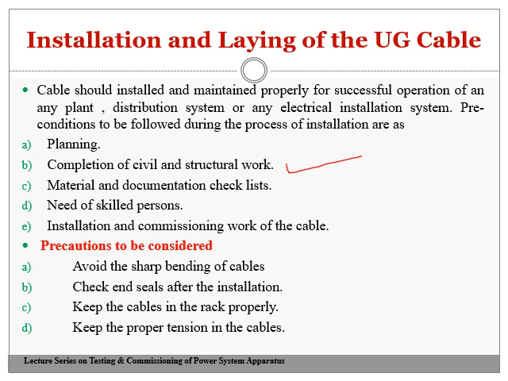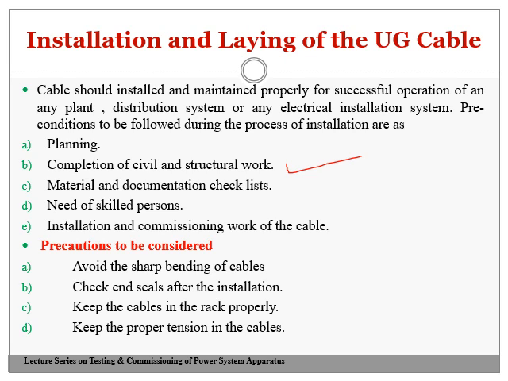Then, materials and documentation checklist. You have to keep everything ready, the materials as well as the documentation, which is essential for installation of any type of underground cable, whatever the capacity, from lower voltage to higher voltage.